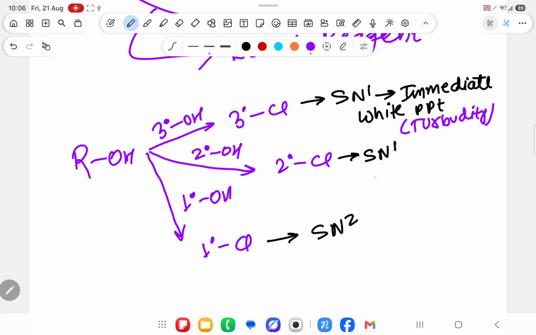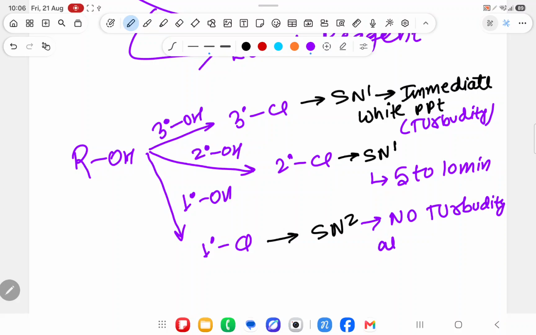Over here, SN1 will take 5 to 10 minutes to give white precipitate or turbidity. And over here, no turbidity at room temperature. Understood? Lucas reagent?